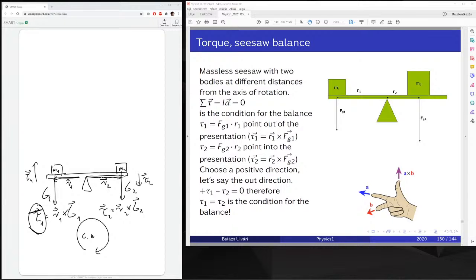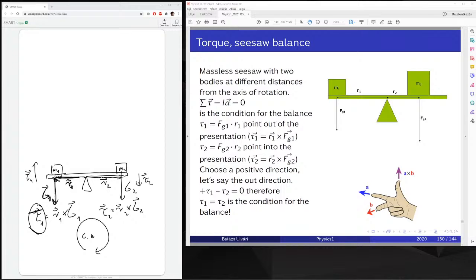All right, I try to do it on the whiteboard. So if this is the R1 and this is the G1, place your finger parallel to the R1, this finger, and the other with the G1.